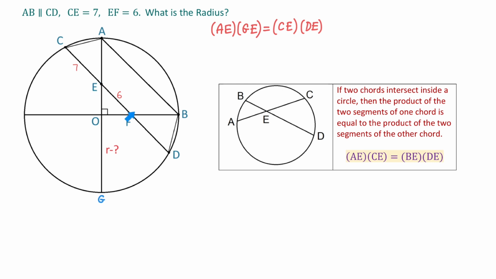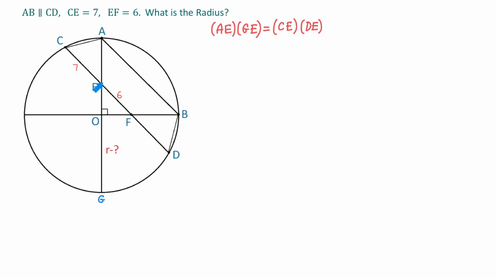If in this triangle the hypotenuse is 6, then we can calculate EO using the Pythagorean theorem. We will write that EO squared plus FO squared equals 6 squared.